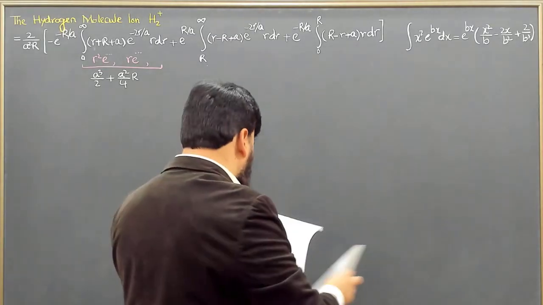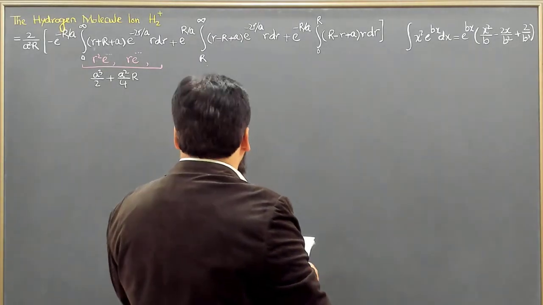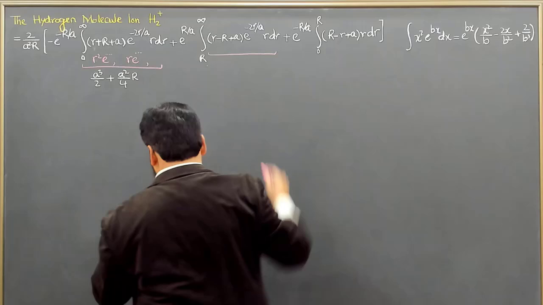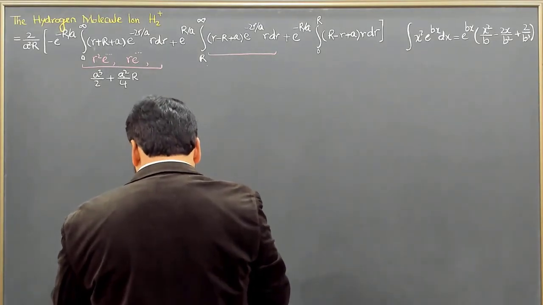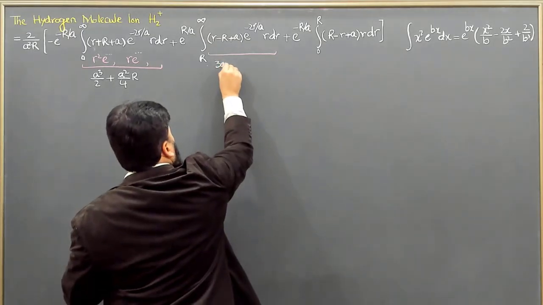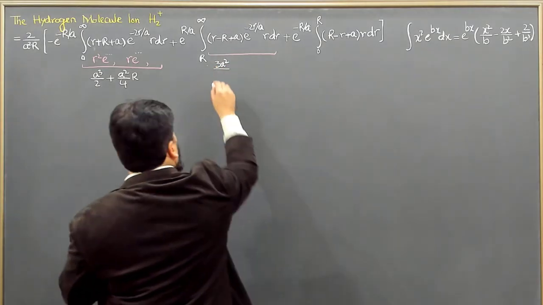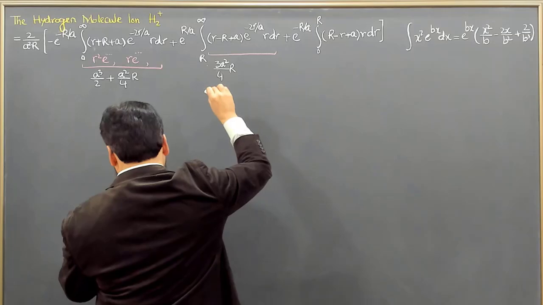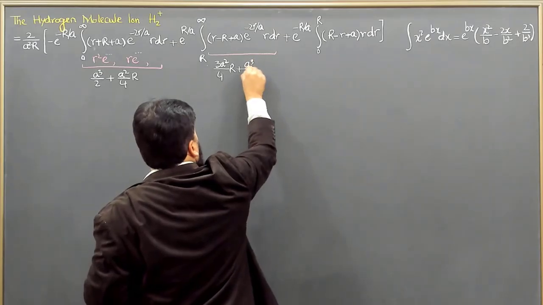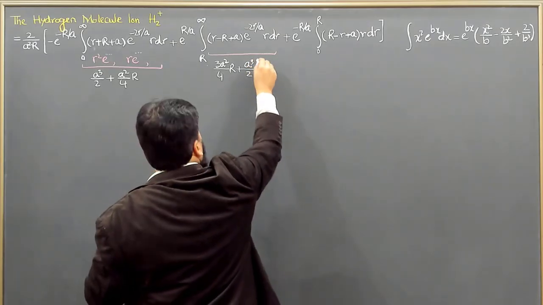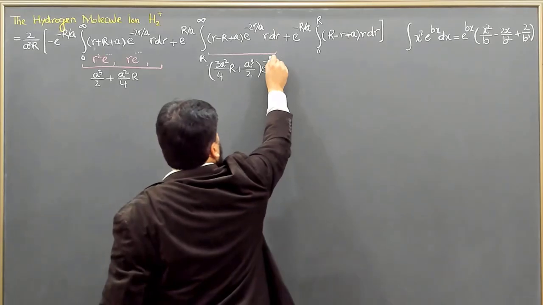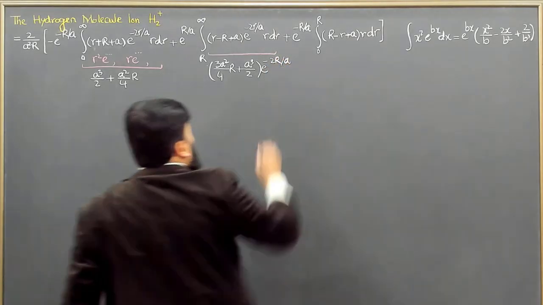So I solved this one step by step, and then I solved the next integral step by step, and its solution came out to be 3a squared over 4r plus a cubed over 2, and this whole is being multiplied with e to the power minus 2r over a.